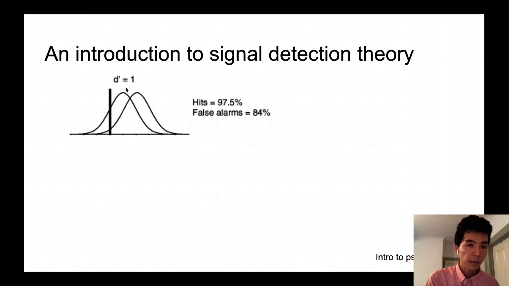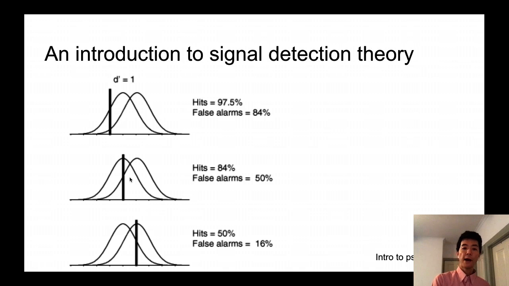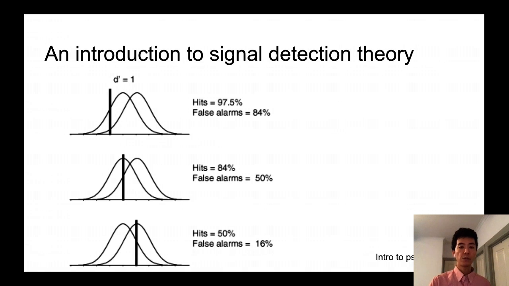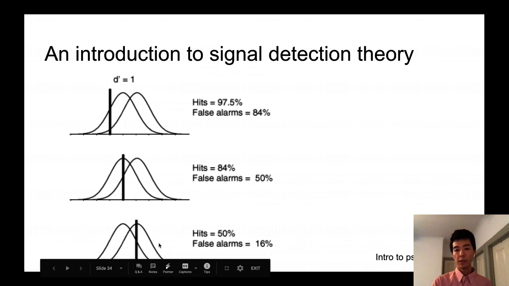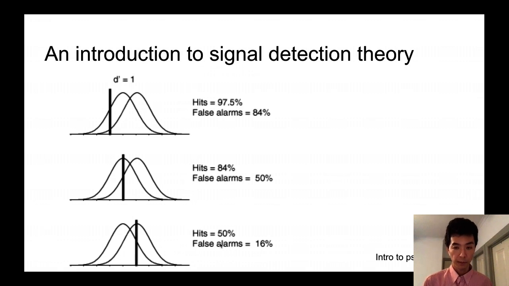This enigmatic symbol d prime equal 1 corresponds to the separation of these two Gaussian distributions in units of 1 standard deviation. Now, if your criterion is shifted to the right, then you are likely to say yes much less, and accordingly hits and false alarms decrease. Further to the right, you become more and more conservative, and the conservative person would say yes with much lower probability, and say you get hits 50% and false alarms 16%.